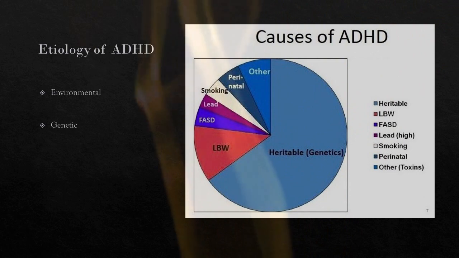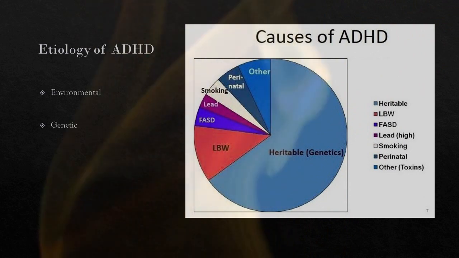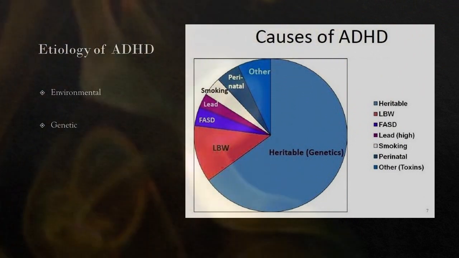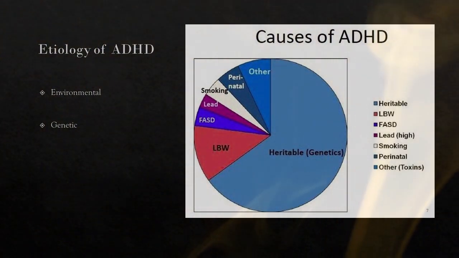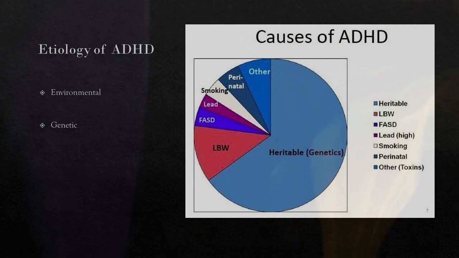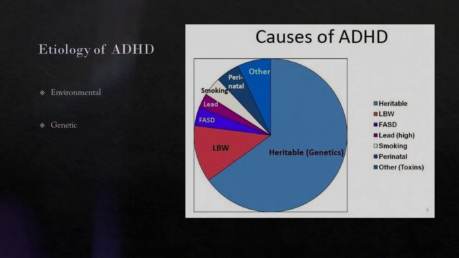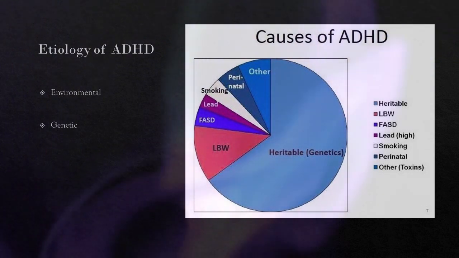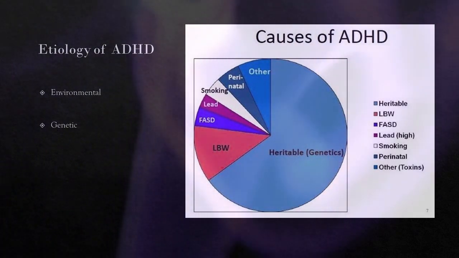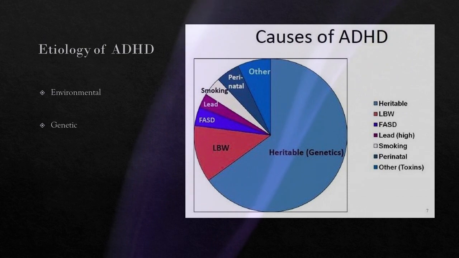Heritability is a huge one. Twin, family and adoption studies consistently support a strong genetic component in ADHD. Heritability estimates suggest that genetic factors contribute about 70 to 80% of the variance in ADHD risk.